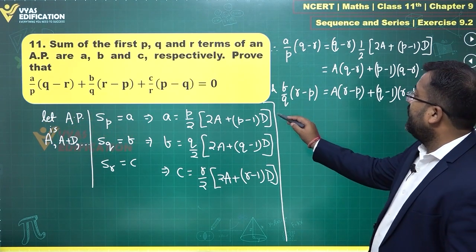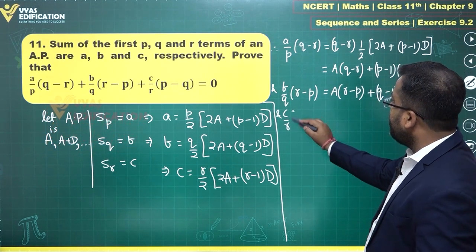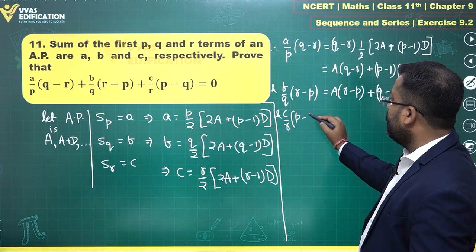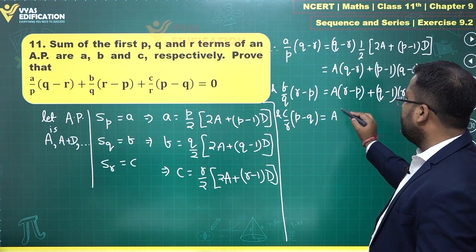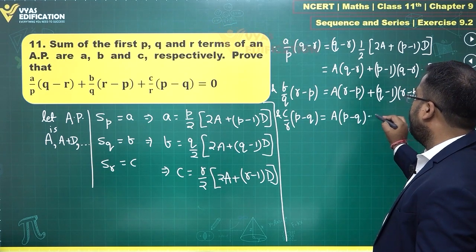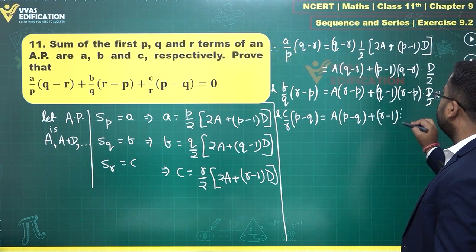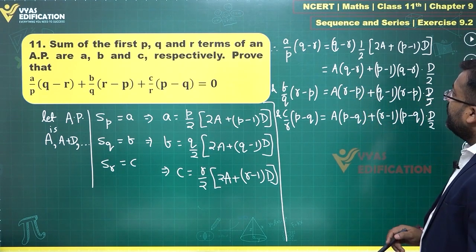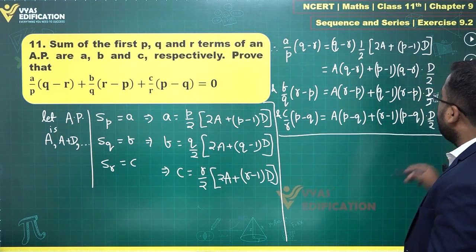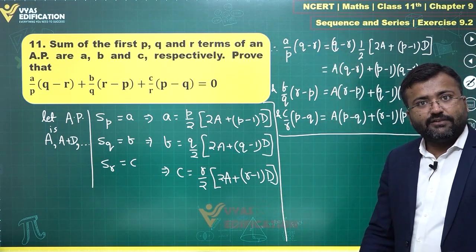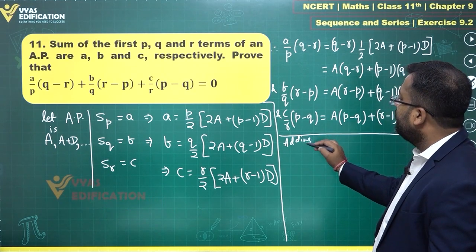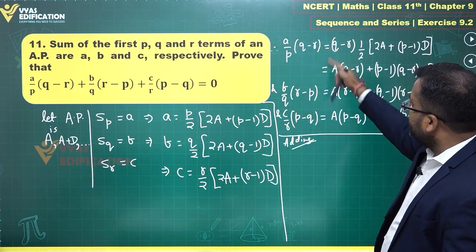And c by R times P minus Q will be equal to A times P minus Q plus R minus 1 times P minus Q times D by 2. And now, we can add these three, right? Adding. Let's call this 1, 2, 3. They will become 4, 5, 6.